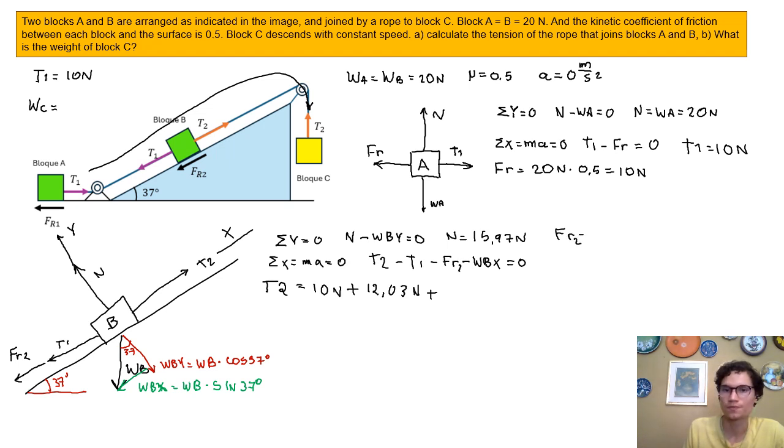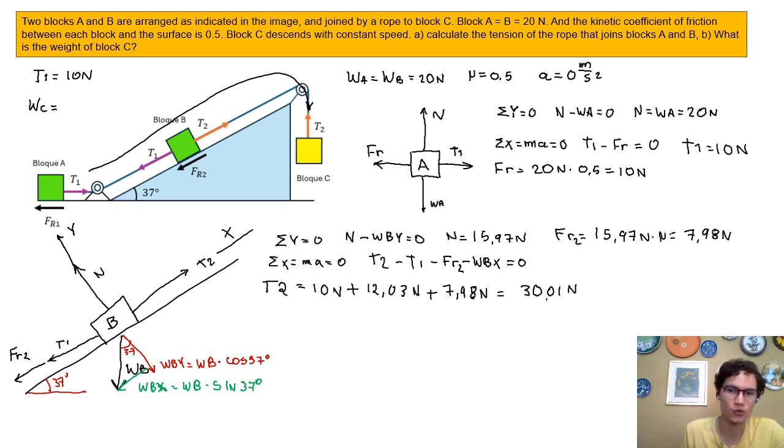Friction force 2 will be equal to the normal force times the coefficient of friction, and that is going to be equal to 7.98 newtons. And if we sum all of this, we get a tension 2 equal to 30.01 newtons.